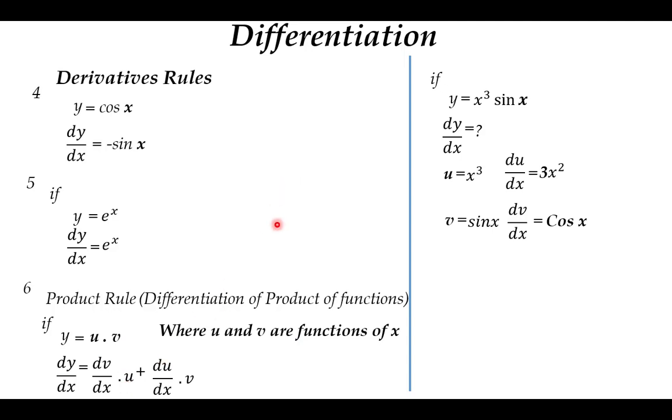Now that we've simplified this, let's put it into our formula for dy/dx of the product rule. So dy/dx in this case is going to be equal to u dv/dx, that is x to the power 3 times dv/dx, which is cos x.